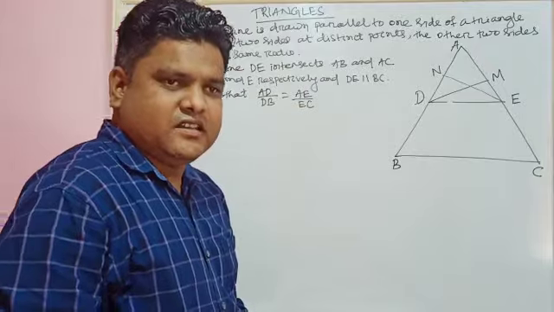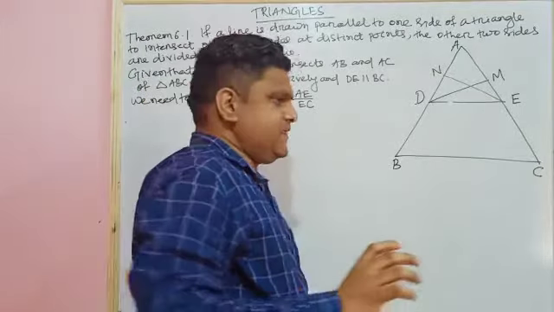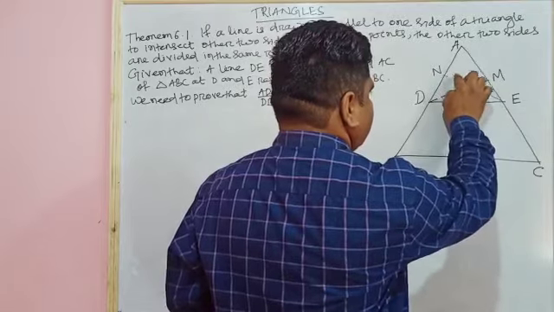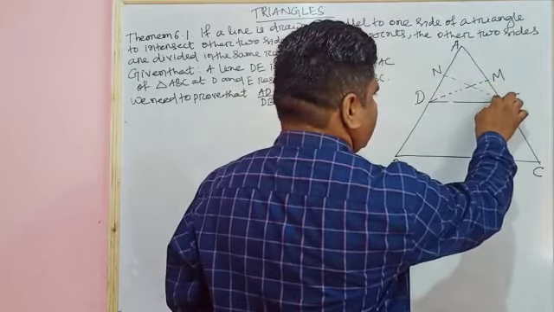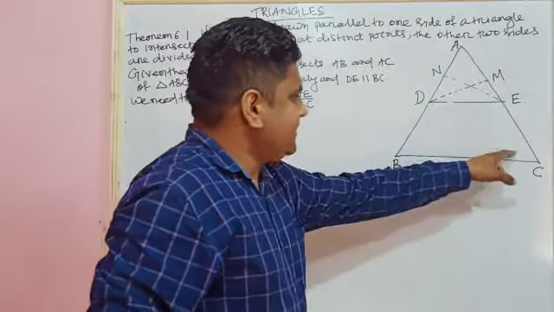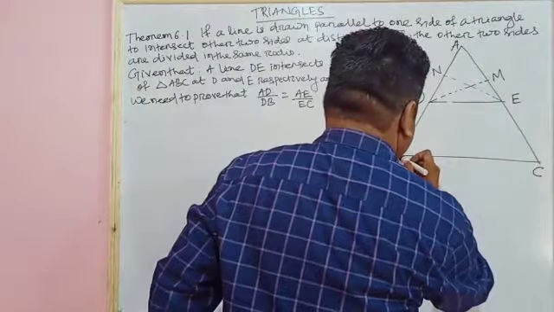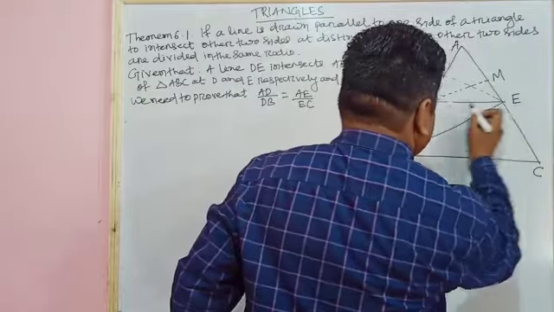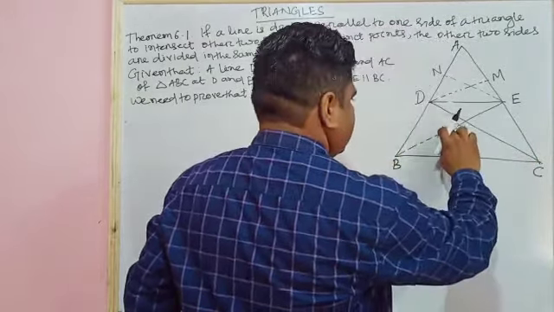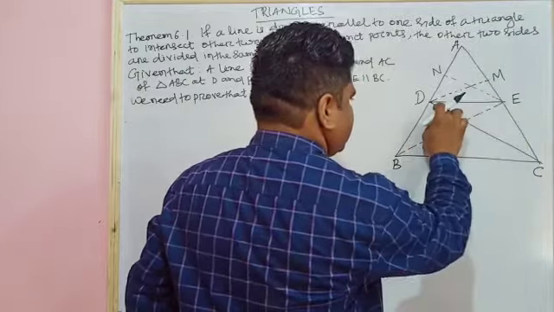Whenever we construct anything, it should be dotted line. So we have to draw in this way. Okay, and also we have to join BE and CD. It may be also dotted.